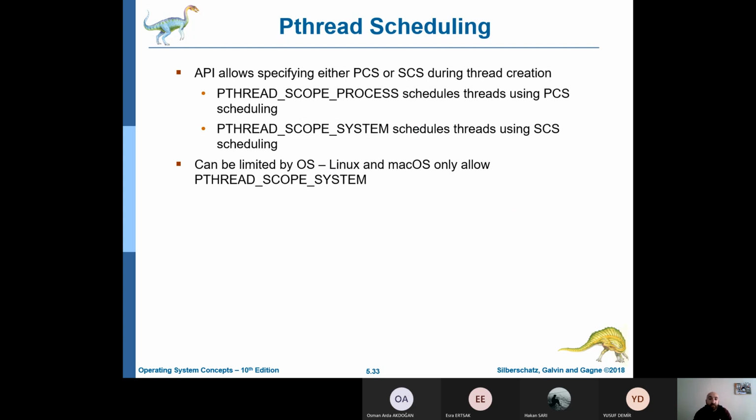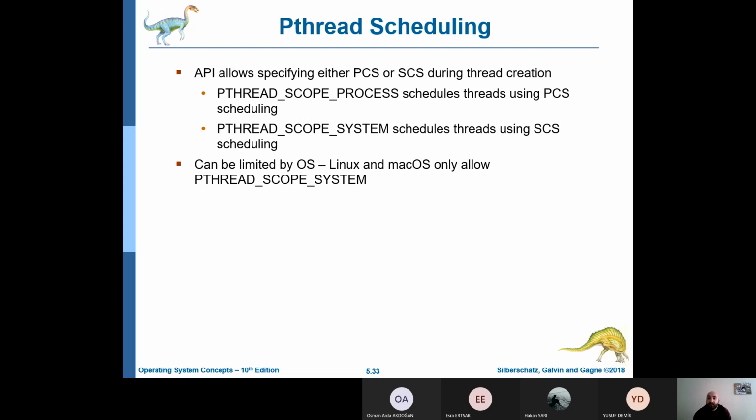Now, we're going to highlight the POSIX pthread API that allows specifying PCS, which is process contention scope, or SCS, system contention scope, during thread creation.